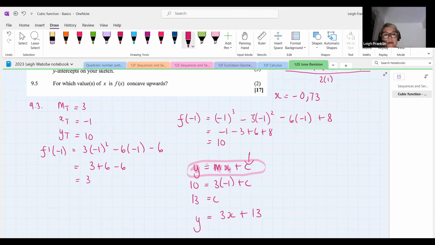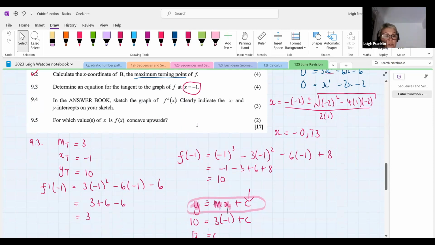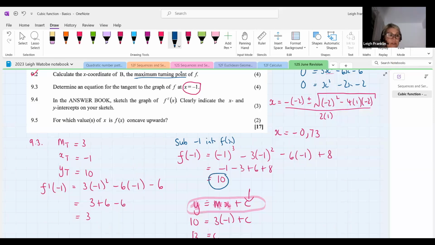Okay, so they told us that it was a tangent to the function at x equals minus 1. So in order to get the y coordinate at the point of tangency, we are subbing minus 1 into f of x, our original. Then we also have to sub minus 1 into f prime to get the gradient when x is equal to minus 1, that's 3.